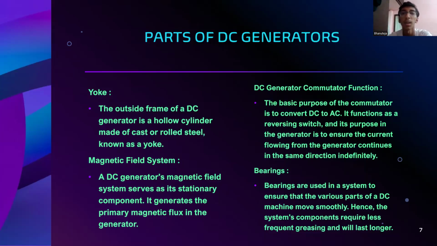The basic purpose of the commutator is to convert AC to DC. It functions as a reversing switch, and its purpose in the generator is to ensure the current flowing from the generator continues in the same direction indefinitely. Next, we have bearings. Bearings are used in a system to ensure that the various parts of a DC machine move smoothly. Hence, the system's components require less frequent greasing and last longer.